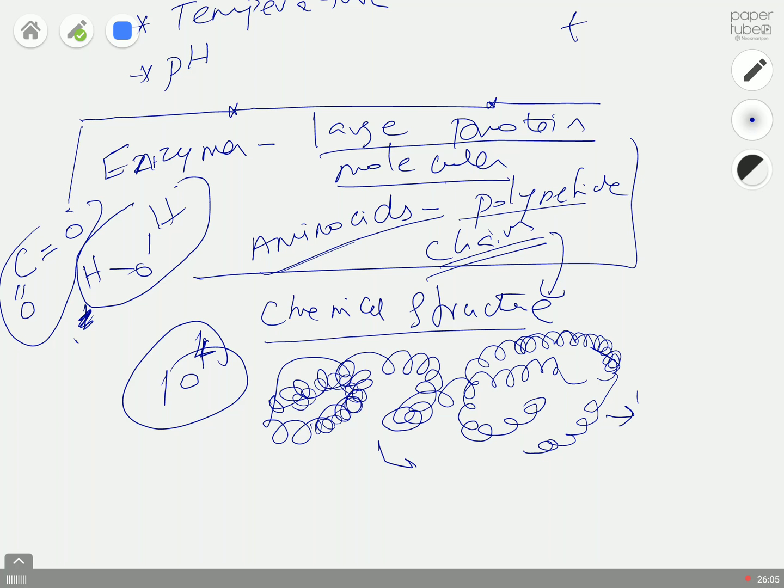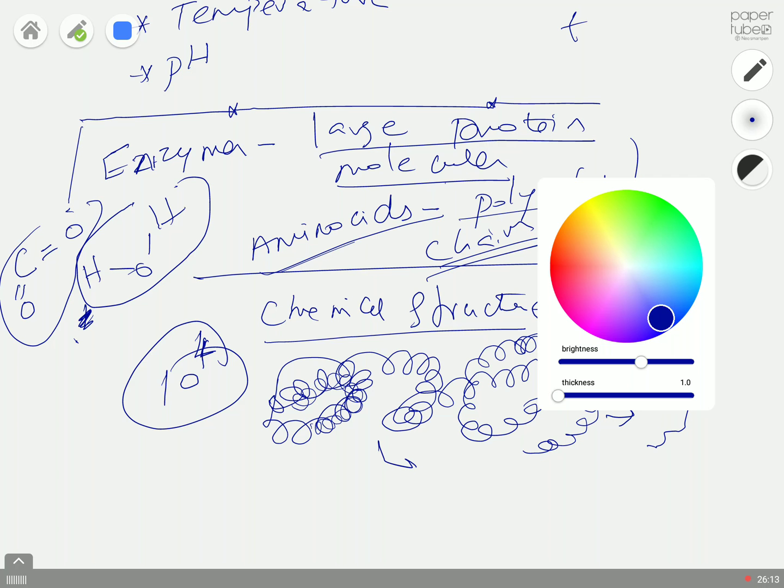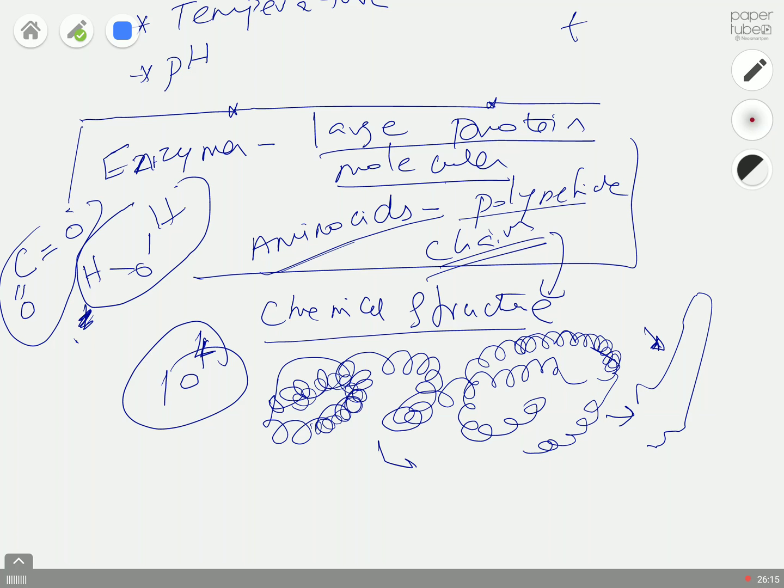You can call these unfolded proteins, and these are proteins.